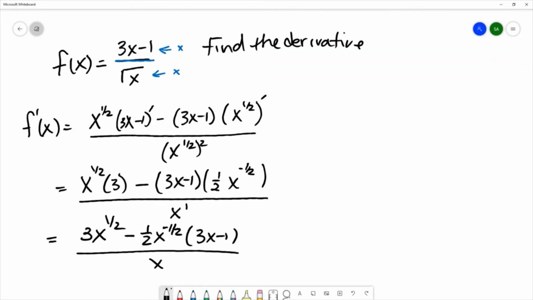And what I want to do is factor the numerator. I've got a common factor of x to a power on each term in the numerator. I'm also noticing this 1/2 here. So I would like to get rid of that fraction in the numerator. So I'm going to multiply by 2 over 2 so I can have the same fraction in both terms.